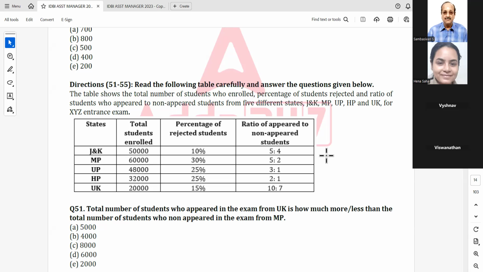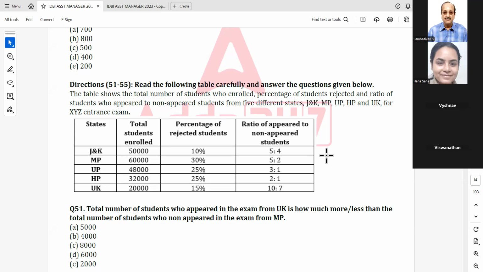Now, please read the question. States: J&K, total students enrolled 50,000, percentage of rejected students 10%, ratio of appeared to non-appeared students 5:4. MP 60,000, rejected 30%, ratio 5:2.